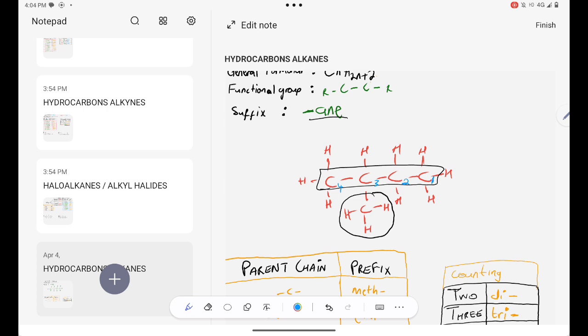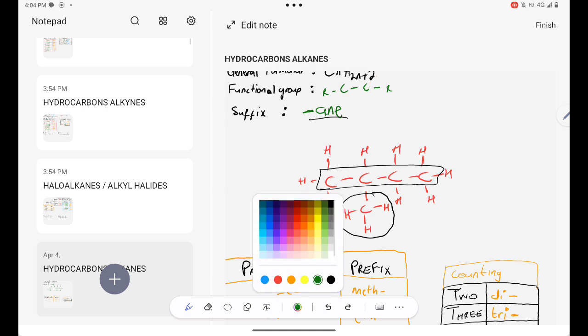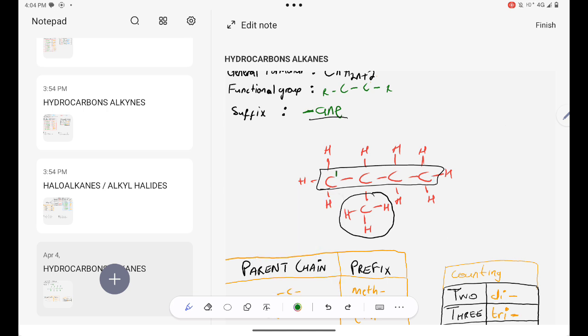However, if I started the other way around, this will be carbon number 1, 2, 3, 4. When I start counting from the left hand side, I get much quicker to the side chain. So that means I must start counting from the left hand side, because the left hand side is closer to my side chain.